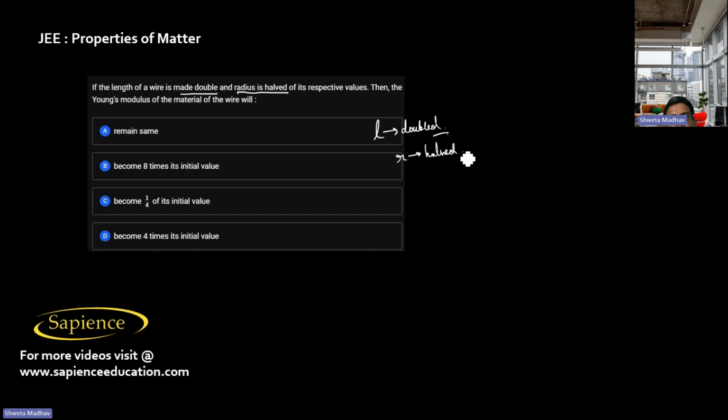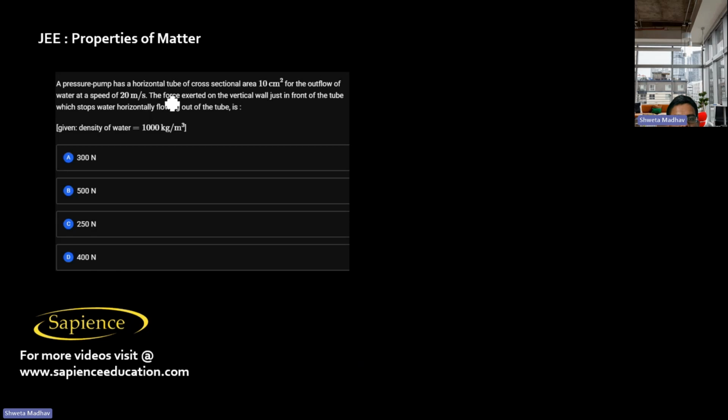Then the Young's modulus of the material of the wire will remain the same, since Young's modulus depends on the nature of the material only, and it is independent of the length or the shape or the size of the wire. So option A is the correct answer.